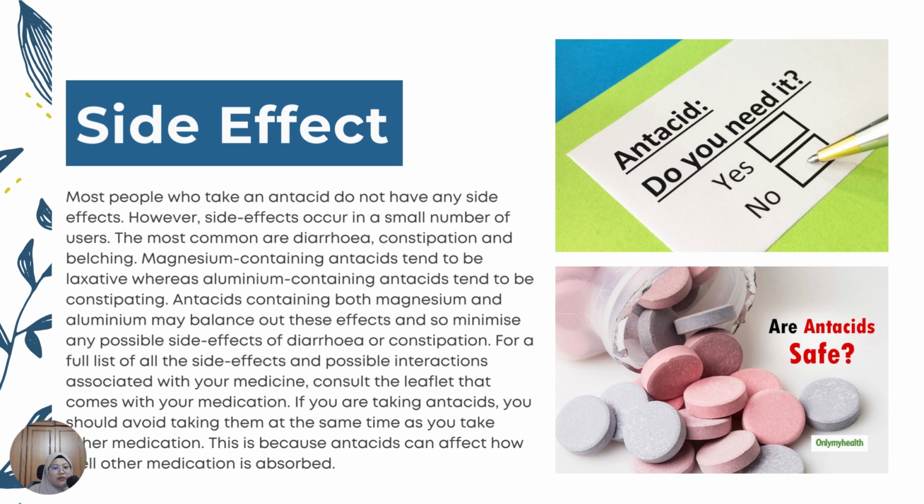Antacids containing both magnesium and aluminum may balance out these effects and so minimize any possible side effects of diarrhea or constipation. For a full list of all the side effects and possible interactions associated with your medicine, consult the leaflet that comes with your medication.